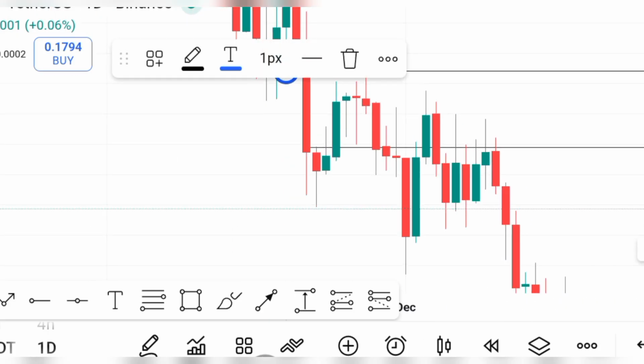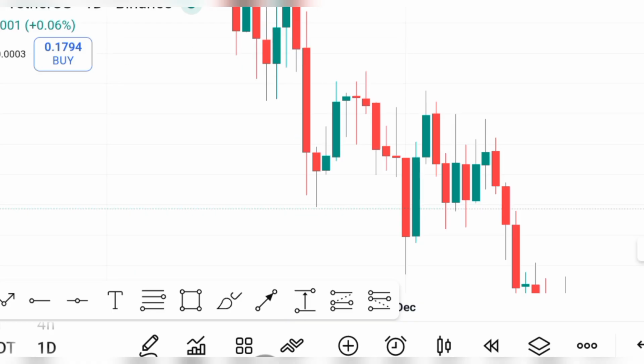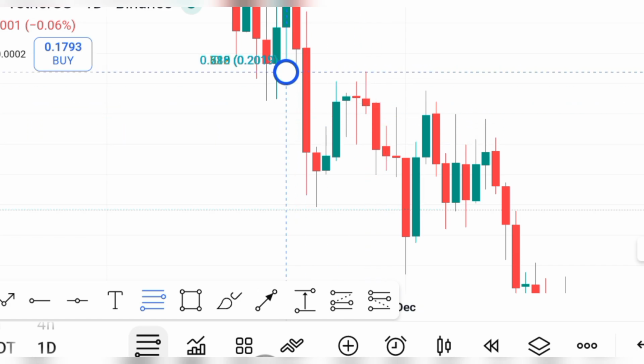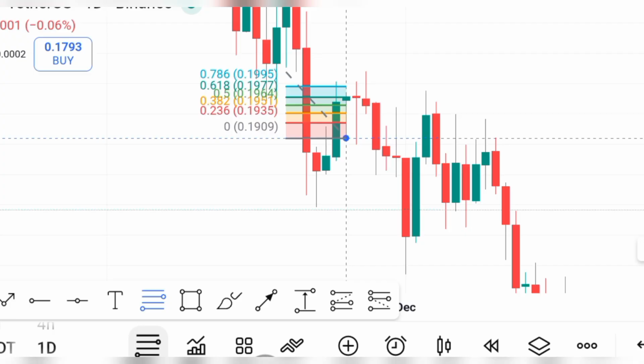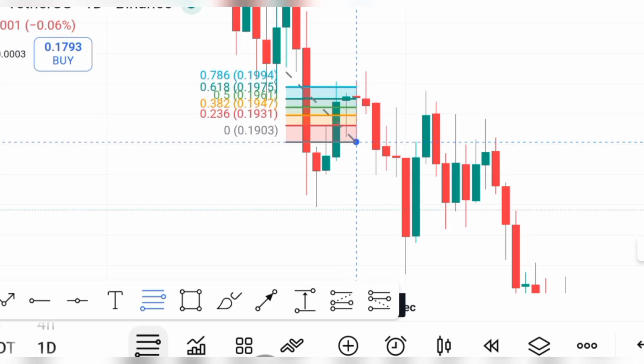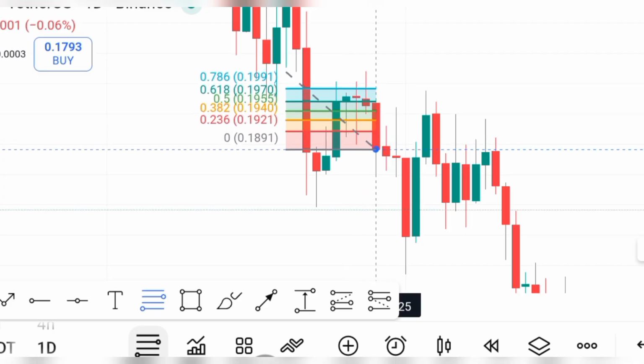If the fair value gap is big, as it is, we use what we call a Fibonacci retracement tool. The reason for the Fibonacci retracement tool is to know which zone we are going to trade from. Is it the 50 fib level, or is it the 0.7 fib level?